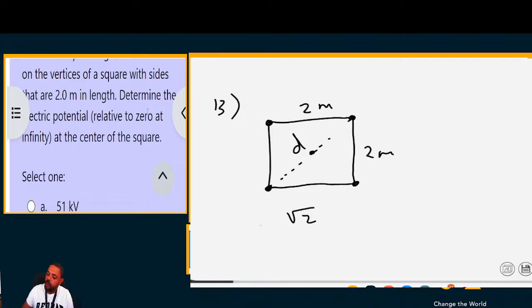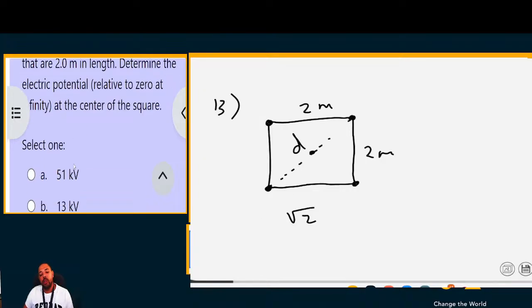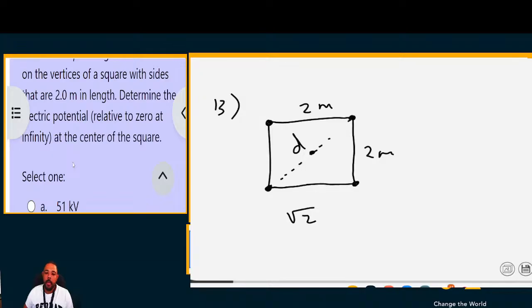Okay? The distance like that is just square root 2. So we haven't even gotten to the problem yet. We've just determined the distance to the center. It's square root 2.